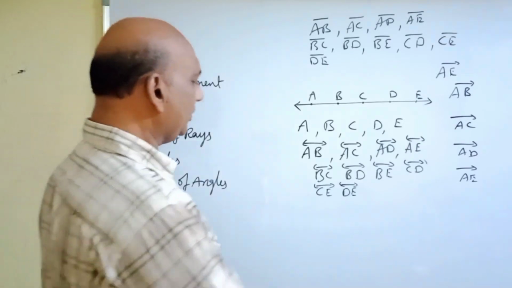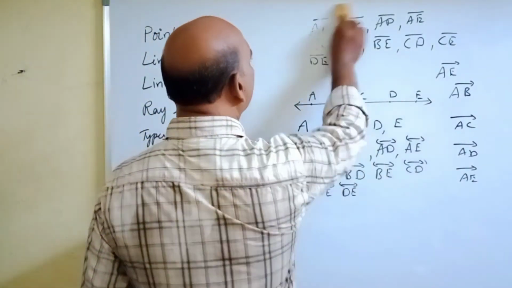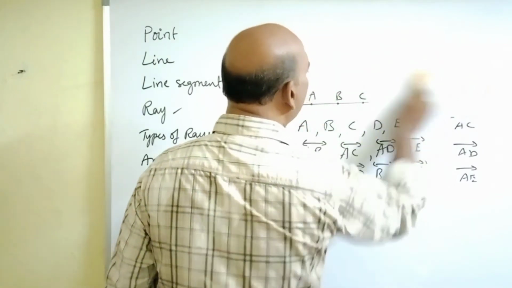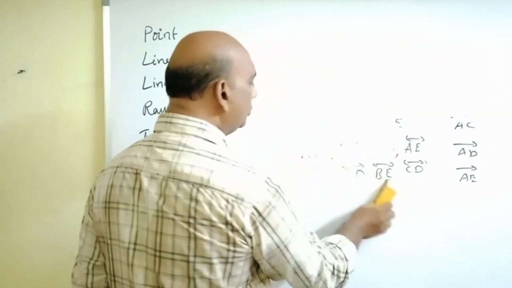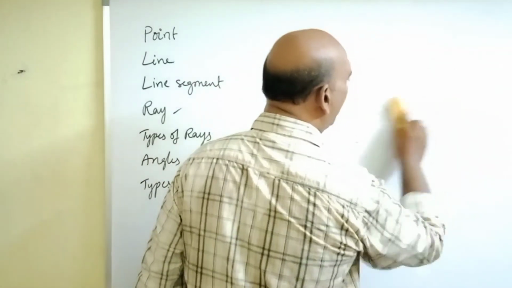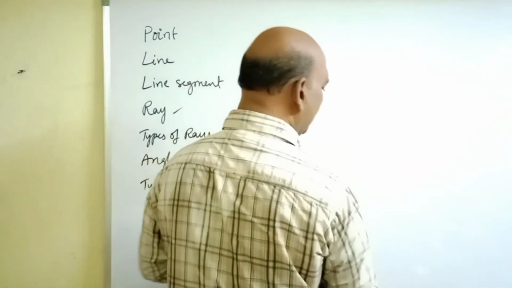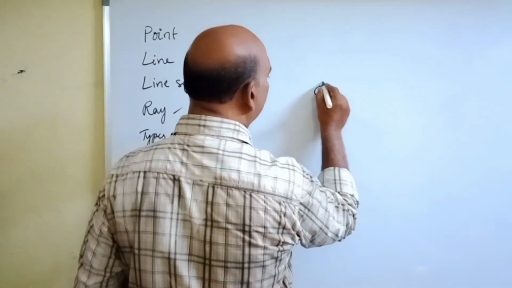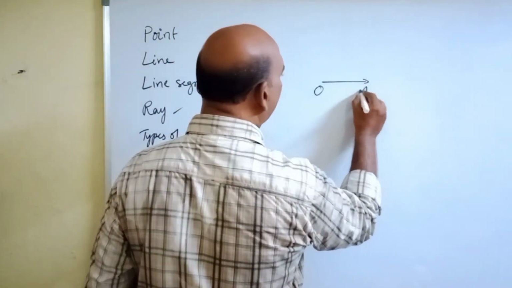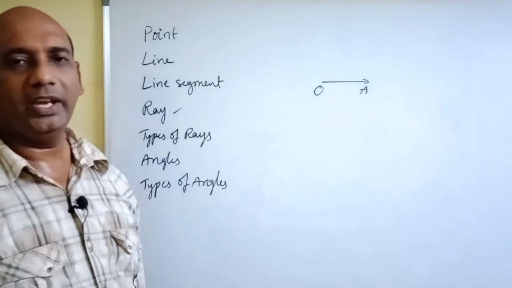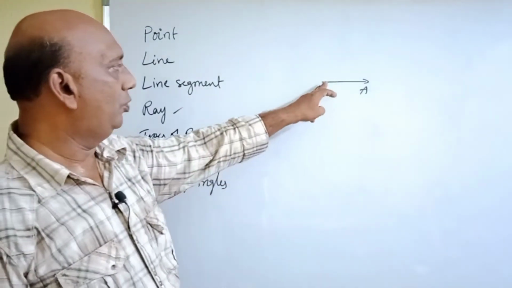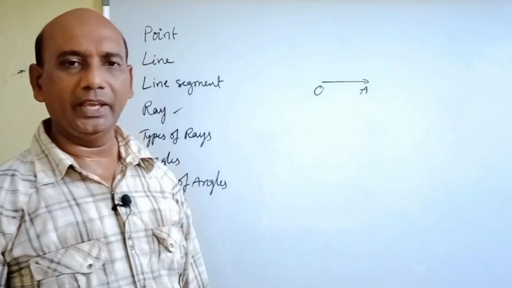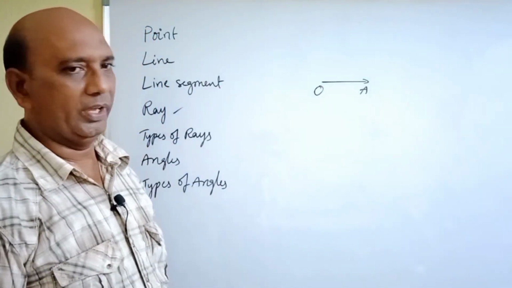Angles. What is meant by angle? If we take two rays which have a common endpoint, let us take ray OA. OA is the ray. In this, O is the endpoint and it is extending towards A. This is ray OA.